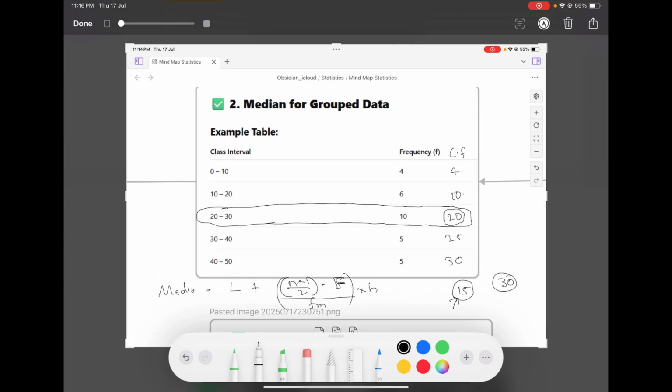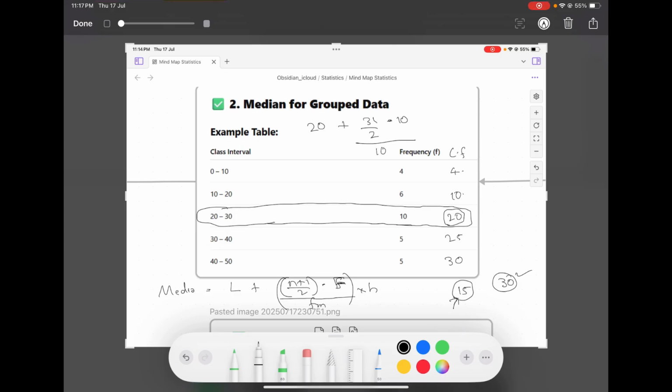Here the lower limit is 20. So 20 plus n plus 1 by 2, where n is 30 here, so it is 31 by 2, minus f, divided by the class frequency, which is 10.